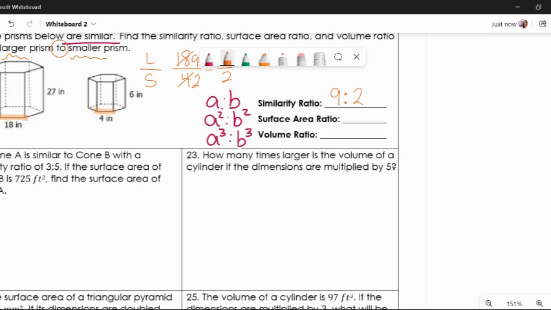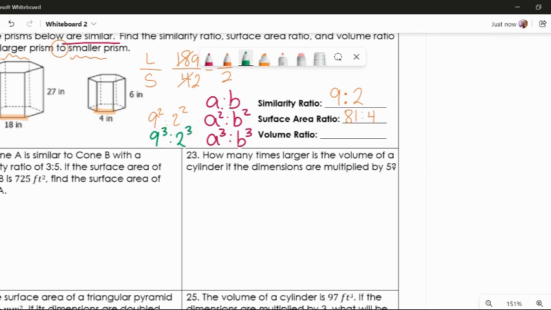So the surface area ratio then is just going to be 9 squared to 2 squared. Okay, so that'll be 9 squared to 2 squared, but we need to see what those numbers are. 9 squared is 81. 2 squared is 4, so it's 81 to 4. The volume ratio is a cubed to b cubed, so that's 9 cubed to 2 cubed.